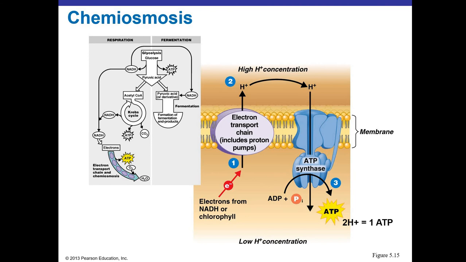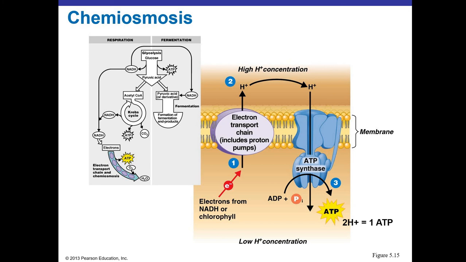So the ATP synthase channel is very important. By having these proton pumps, we're creating that concentration gradient. We're going to have a high concentration of those protons to the outside of the membrane. They want to get back across. That's the process of chemiosmosis, but we're only going to allow them to come back through the ATP synthase channel.